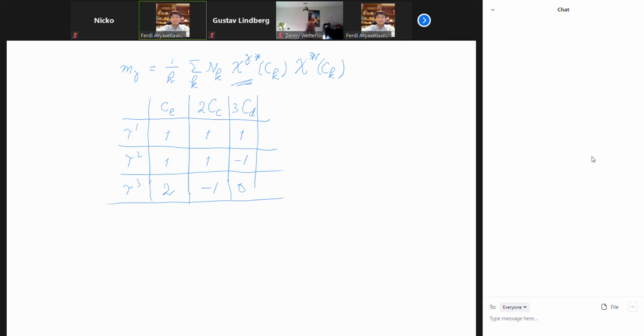If we use this table, we can easily compute the coefficient gamma. Let's take an example, T3. I'm looking at this row here. According to this formula, it should be equal to 1 upon 6, summing over the classes.